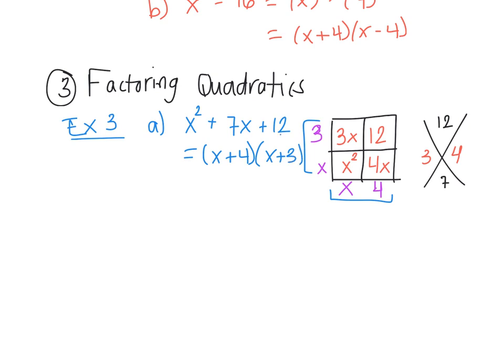So length times width. So that's how you were originally introduced to factoring, visualizing it geometrically as an area, and instead of adding up each of the individual parts, think about it as length times width, and that is what factoring is.